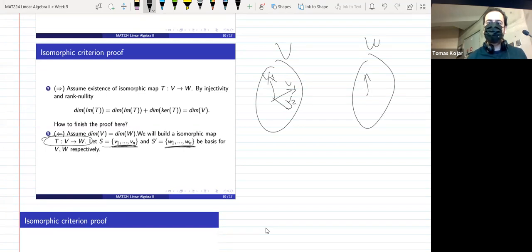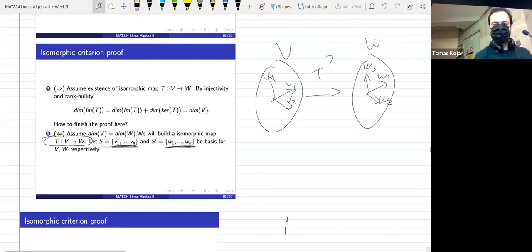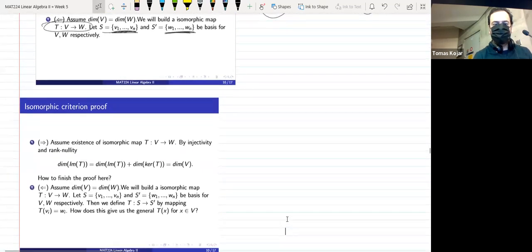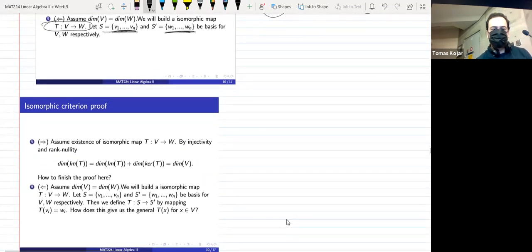And you have the same number of vectors in the image. We want to build some T. So how do we do this? Well, you just build it on the basis. So you do the correspondence.